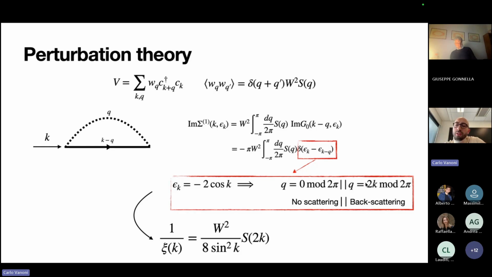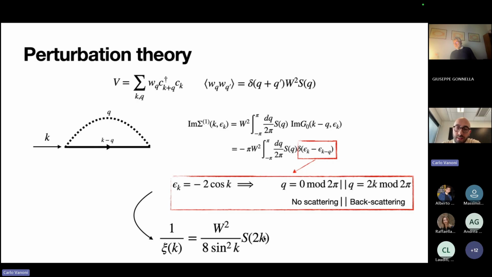And so you impose that q is equal to 2k, and then the integral is trivial. And you get a localization length that is proportional to S of 2k, evaluated at 2k. This is what you would get for any kind of disorder, okay?